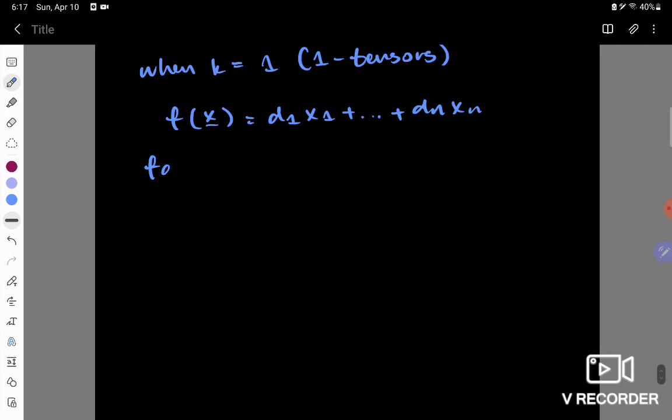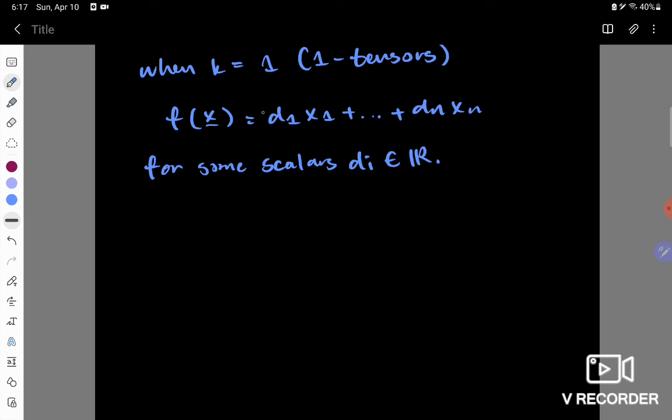For some scalars d sub i in R. So this is the form of a general one tensor because you're breaking it up into these components.